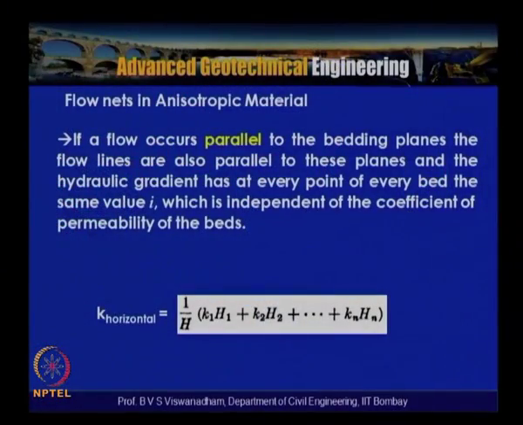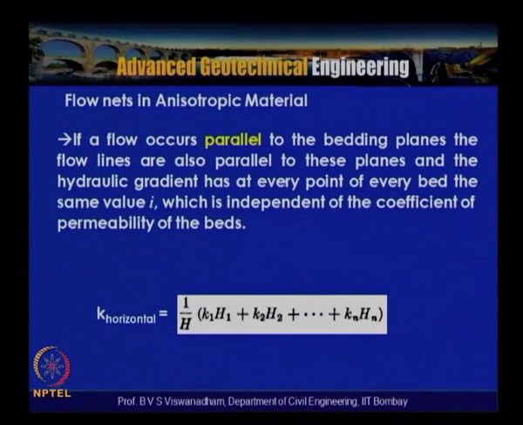So coming to flow nets in anisotropic soils, particularly in sedimentary soil deposits, there is always a possibility that the condition of anisotropy occurs. That means that the soil layers are no longer isotropic in nature. They have different permeabilities.